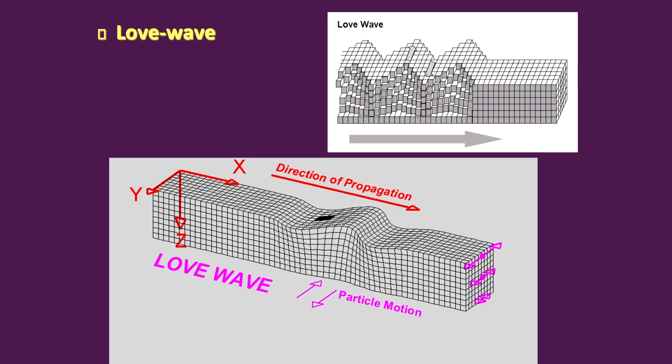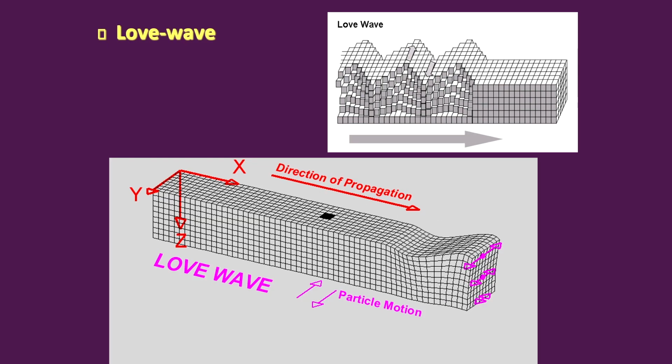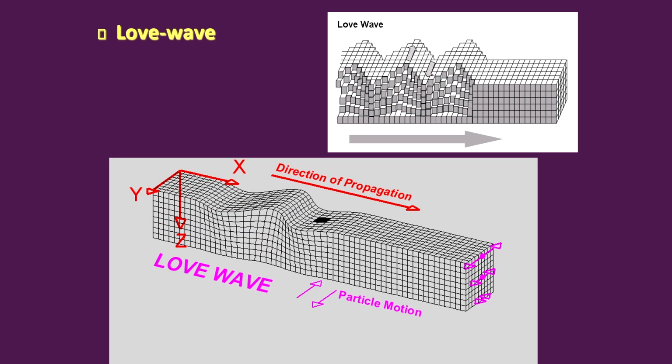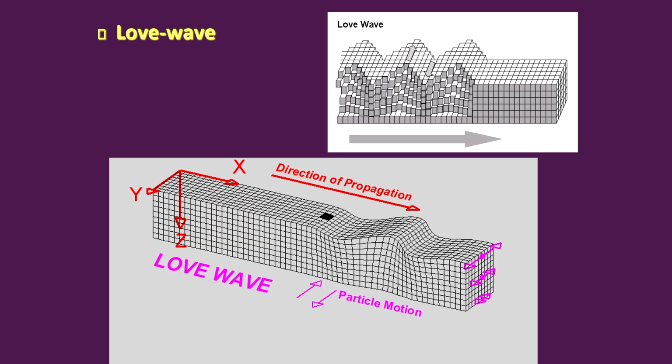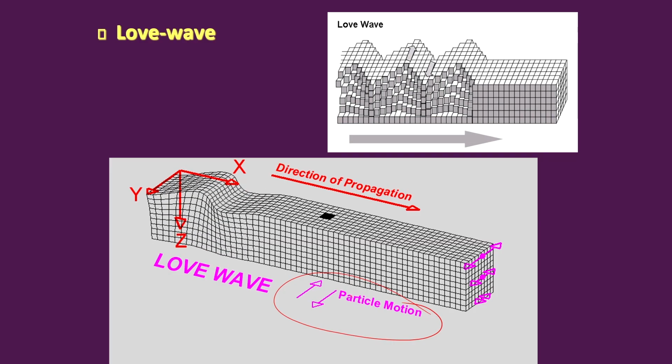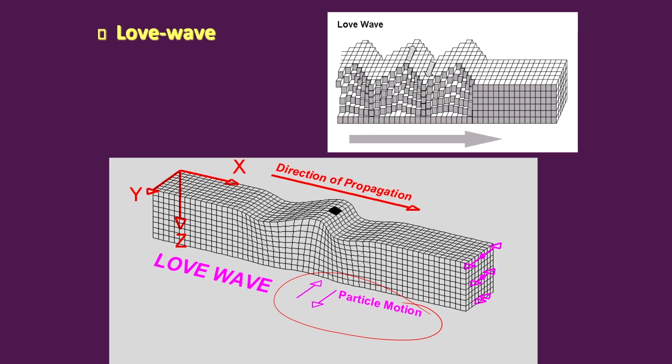Okay, so the Love wave, again the direction of propagation is in this direction, and the motion will be something like it will horizontally push and pull the ground. Okay, and then you have the Rayleigh wave.